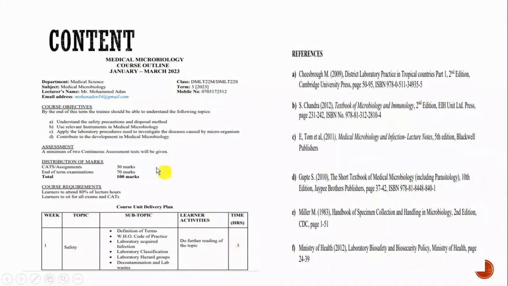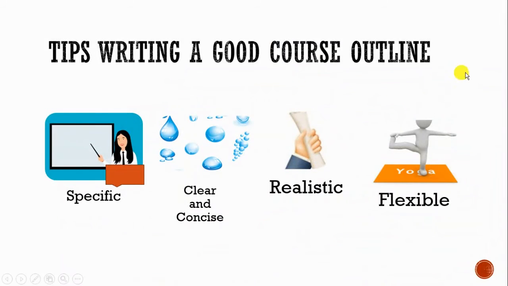How much has been allocated in terms of time for this unit. And of course, a very important component of a course outline is your references so that you're able to assist your learners to do further readings. So you need to outline all the references. And therefore, it's important that we develop quality course outlines.